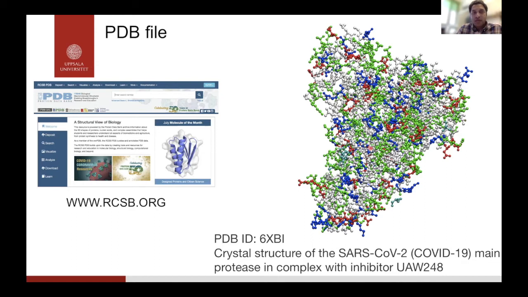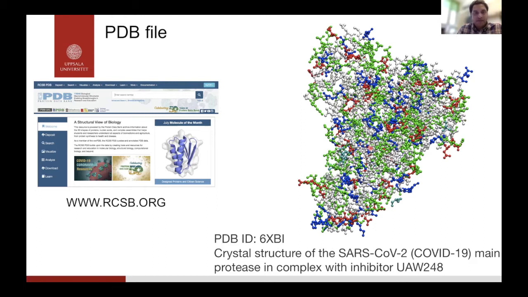Most often you can get the PDB file for proteins or some peptides, but in some cases you will not be able to get the structure from here. For example, novel drug molecules, you can actually draw them using some other software. I can show some examples with PyMol later in my lecture.